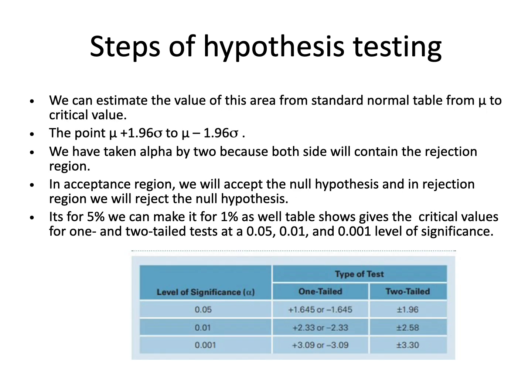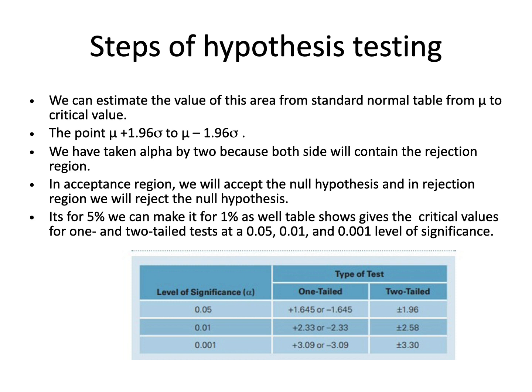We can estimate the value of this area from the standard normal table from mu to the critical value, and here the point is mu plus 1.96 sigma. It is from the mean plus 1.96 standard deviation to the mean minus 1.96 standard deviation.